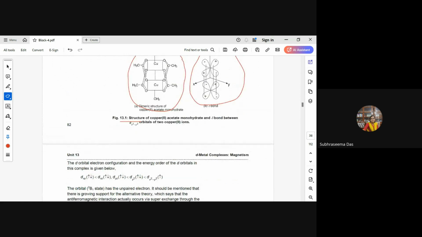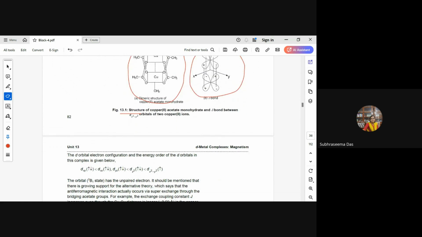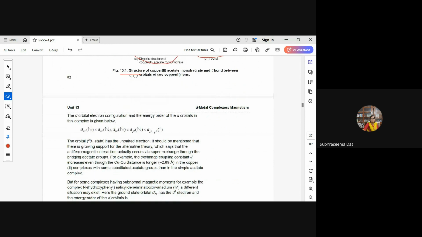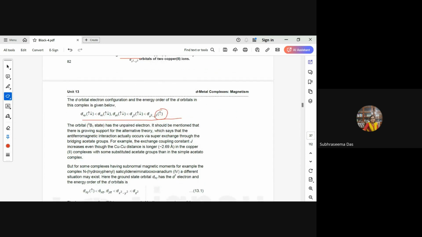Now if we look into this figure, the total d orbital configuration can be given by this. In the dx square minus y square, owing to the lateral overlap, one unpaired electron is present. Hence this gives rise to antiferromagnetism, due to metal interaction resulting in lateral overlap and formation of a delta bond.